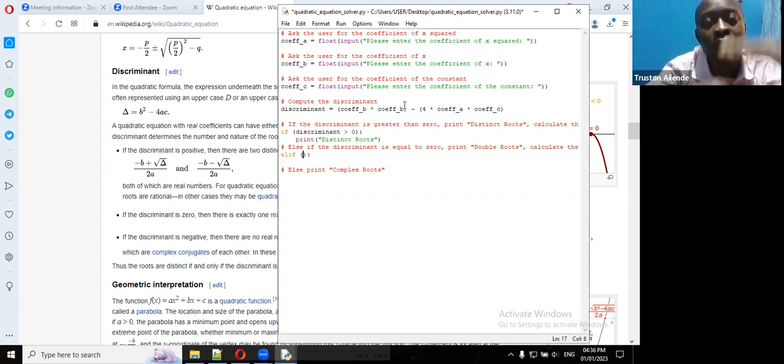So rather than stack if blocks, like use 3 if blocks, we just want to put them in a group. So this is going to be the screen.